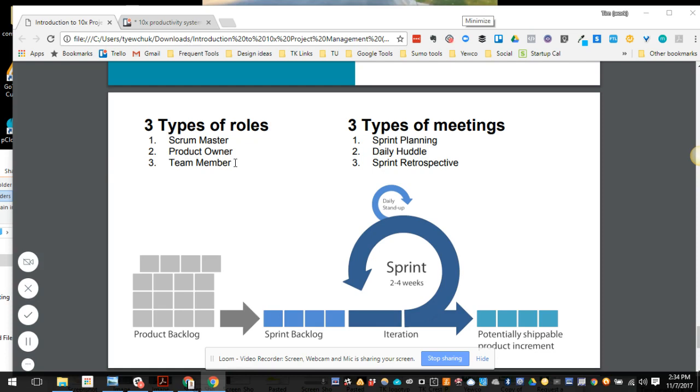But the first role is the Scrum Master, and that is the discipline part of the team. The Scrum Master's role is to make sure that the meetings take place on time and they end on time, and that people are showing up. But they also serve as the coach for the team. By coaching, they're helping the team to remove roadblocks.